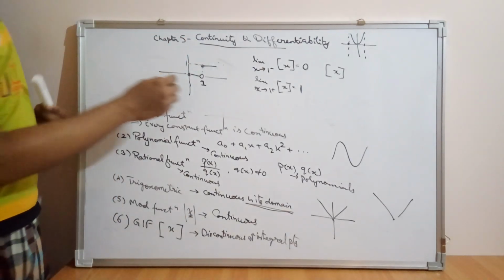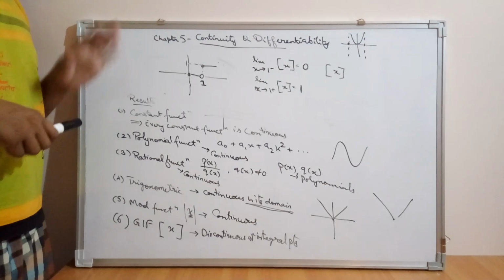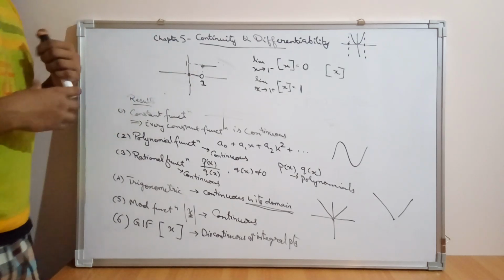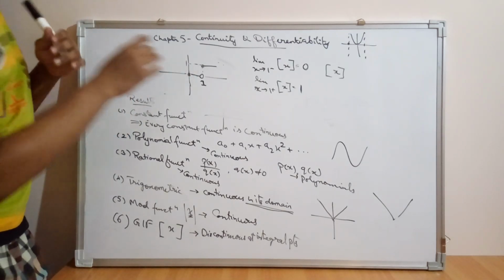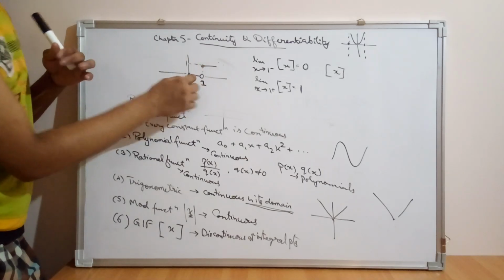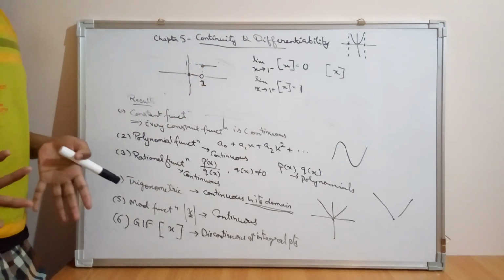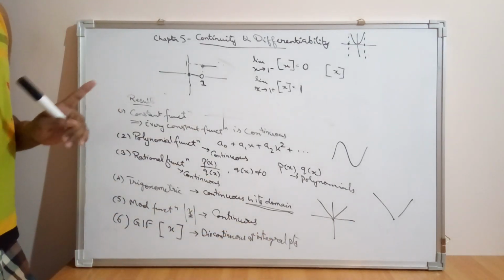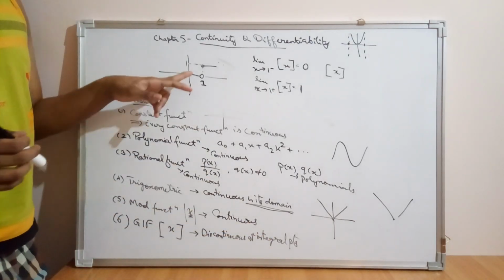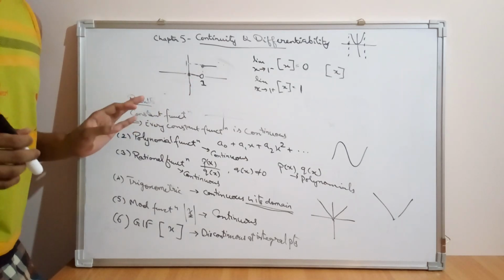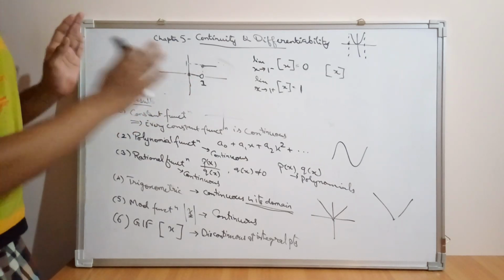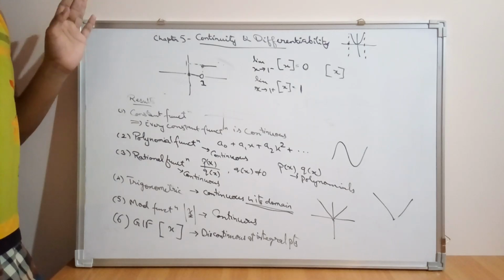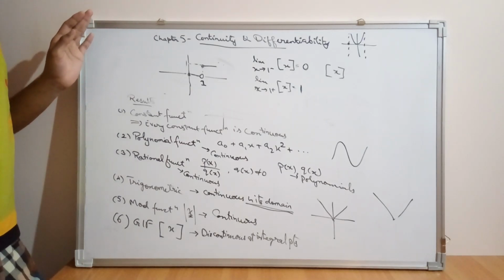So we can find out that only at these integral points it is going to be discontinuous. If you consider somewhere in the middle, it is going to be continuous. There is no problem with that. So if you consider only the integral points, it is discontinuous. If you consider a point in between here, it is going to be continuous. I hope you understood. That's all about the results of this thing.